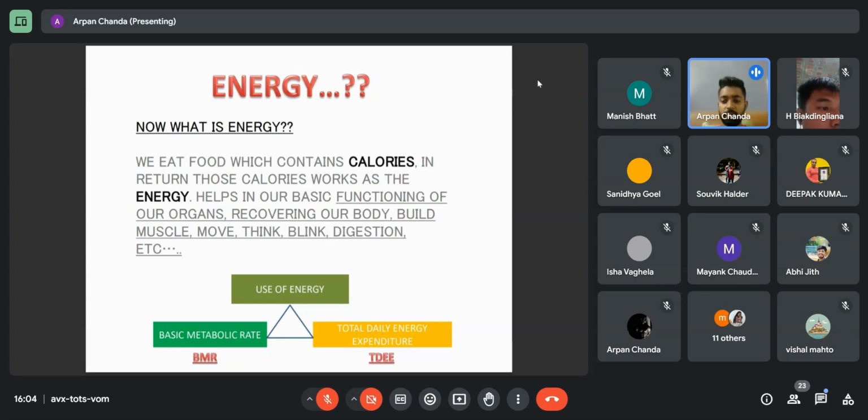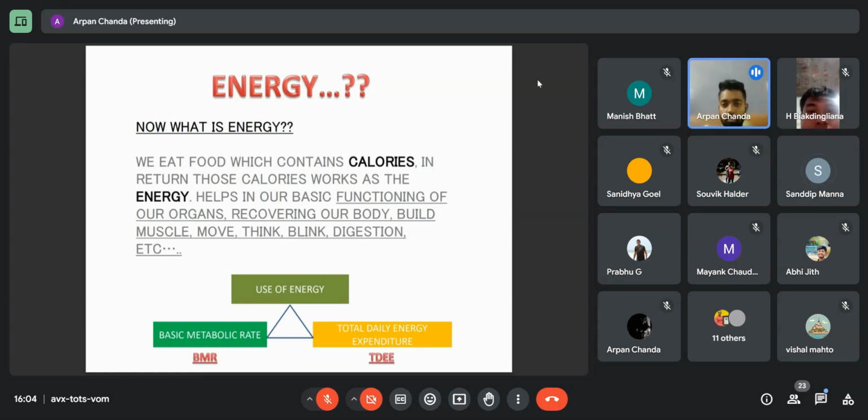Anyone having any idea about the BMR? 1600 kilocalorie, between 16 to 18.